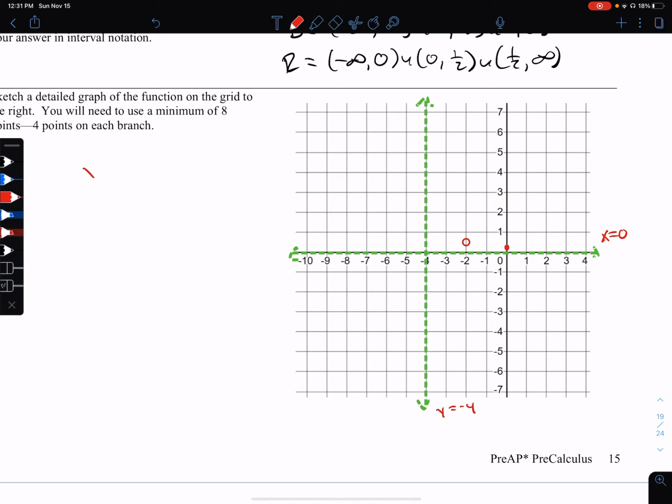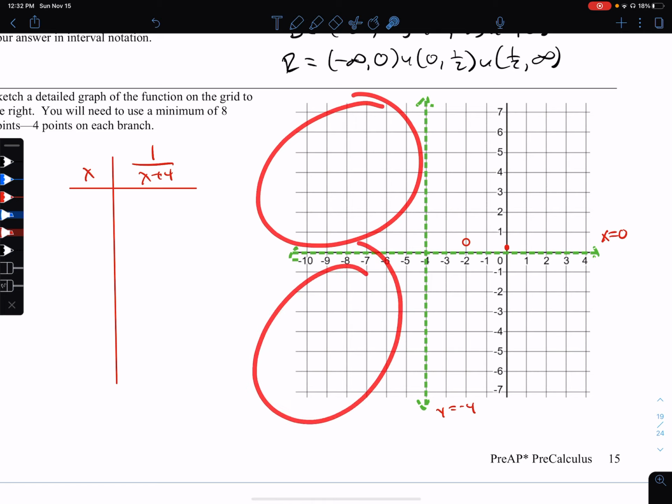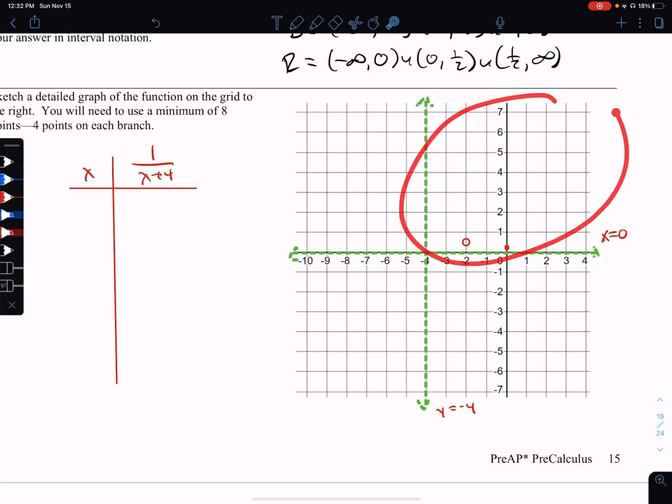So if we make a little XY chart, table, we've got x values, and then we have y values of 1 over x plus 4. So let's see, right now we have no idea, is the graph up here or is the graph down here? Over here we know it's got to be up here because of these points, so it couldn't be down here, it wouldn't be a function. So I'll do this first to give me an idea what this looks like.